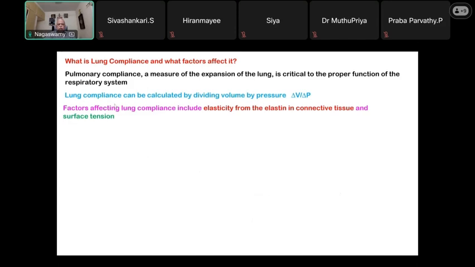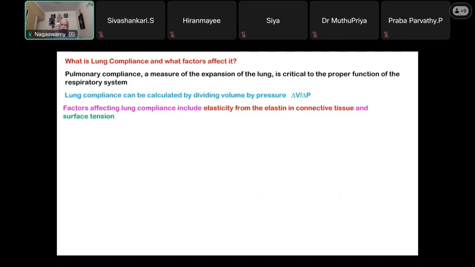Of course, if you read the books, they will talk about all the structures in the thoracic cage which are compliant, which have to be taken into consideration for proper inflation of the lungs. First of all, alveoli: imagine them like a balloon. They have to be quite compliant, isn't it?